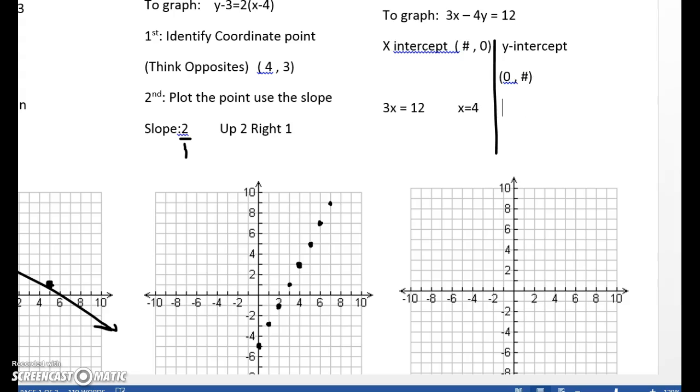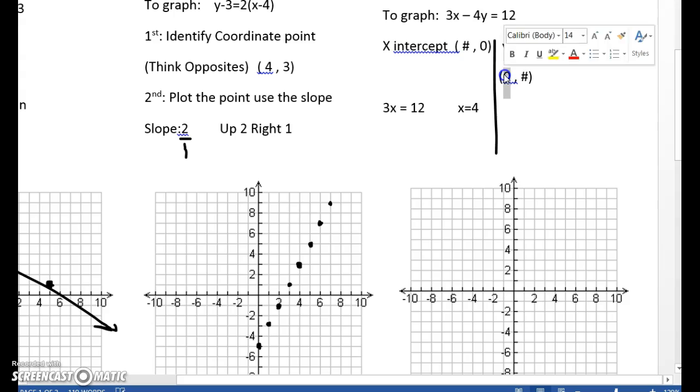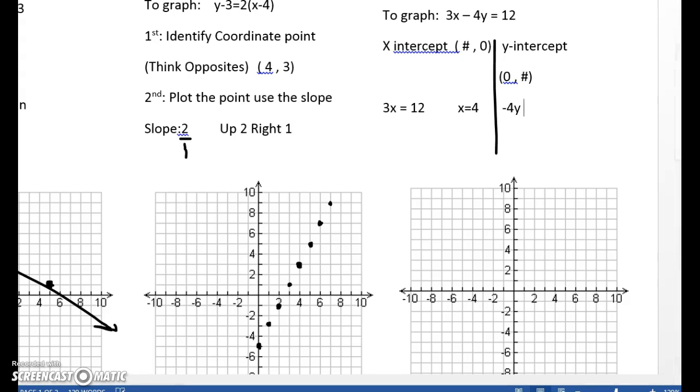Now here for our y-intercept, since my x-coordinate is 0, 3 times 0 is 0. This highlighted piece would go away, leaving us with just -4y is equal to 12. And when I divide both sides by that -4, we get that our y-intercept will be equal to -3.